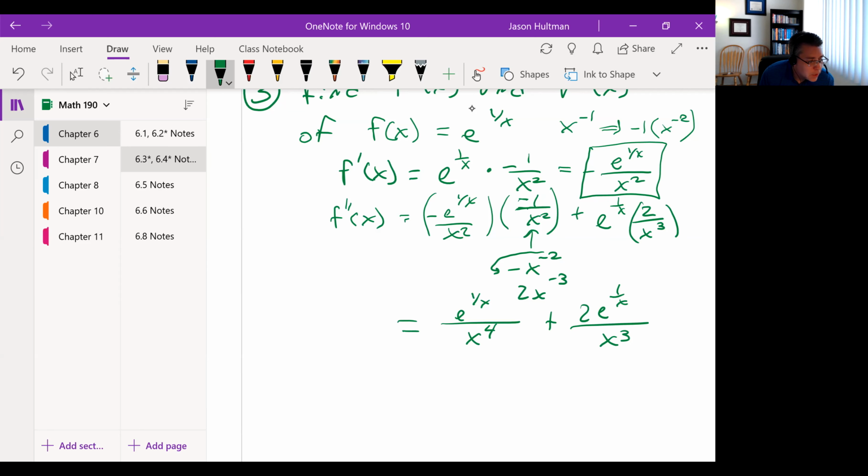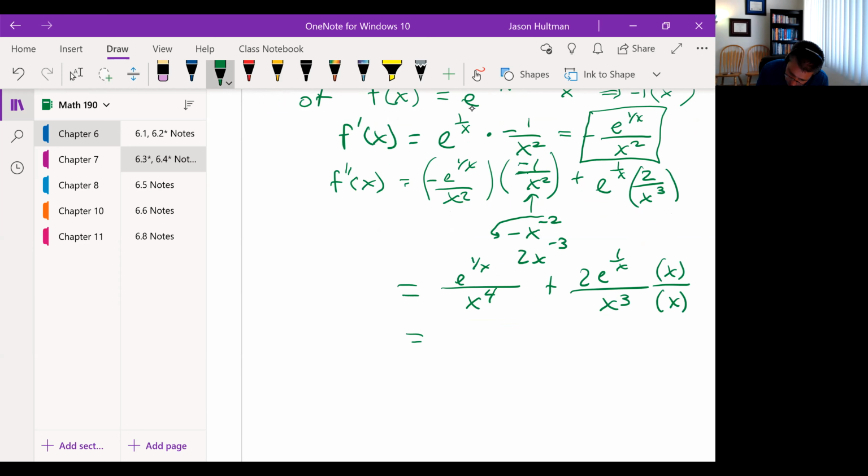Okay, nice. And so I'm going to create a common denominator here by multiplying both top and bottom by x, and then factor out what they have in common. This is going to be e to the 1 over x plus 2x e to the 1 over x all over x to the fourth.